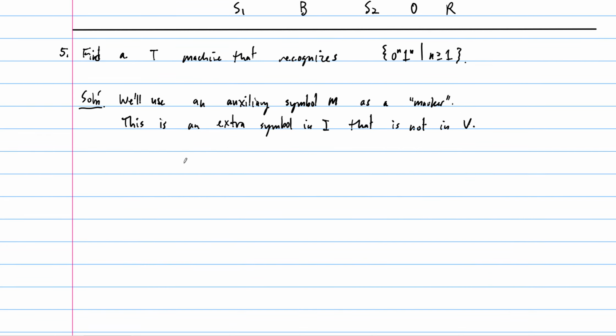In this case, our set V is obviously going to be just 0 and 1, since we're starting with n greater than or equal to 1, all of our bit strings are just combinations of zeros and ones. But our alphabet is going to be 0, 1, M. B is always in there, so we don't have to write it.